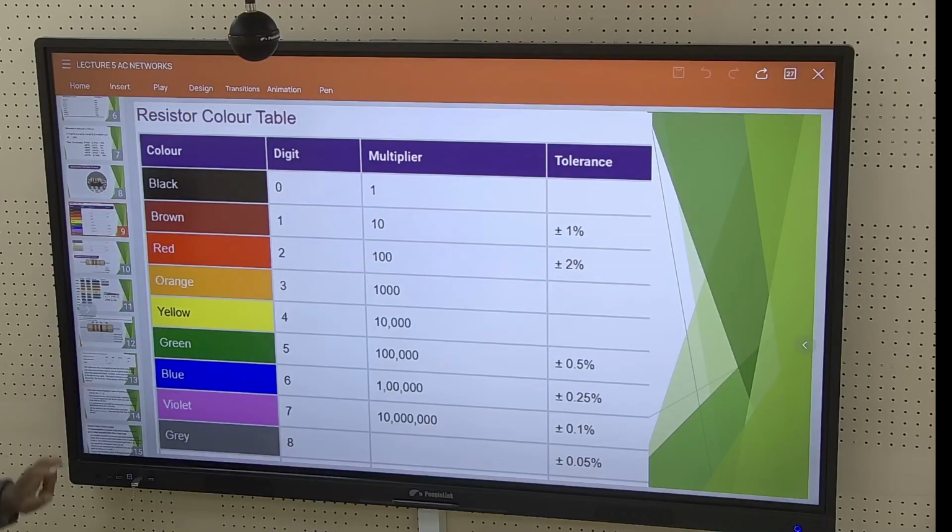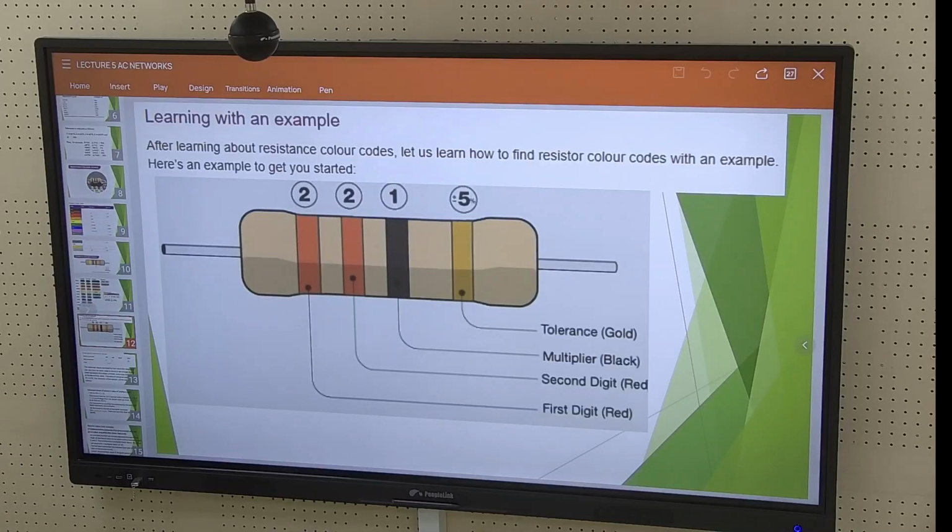Like here, for instance, you have red, red, black, gold. First is red, second is red, third is black, the multiplier, and the fourth is gold, the tolerance. So we can go to the chart and see.